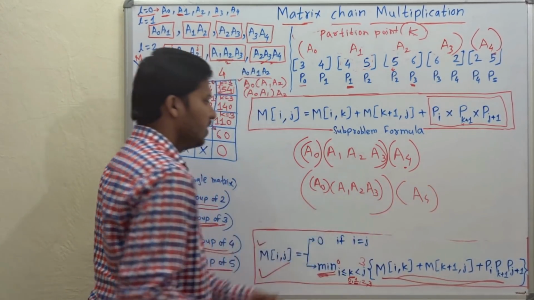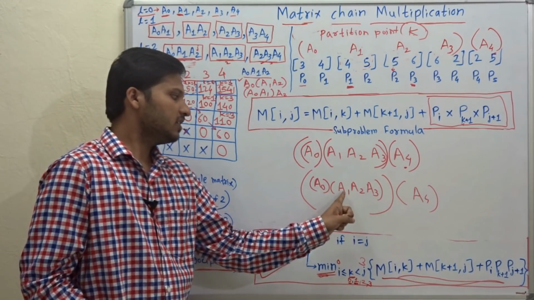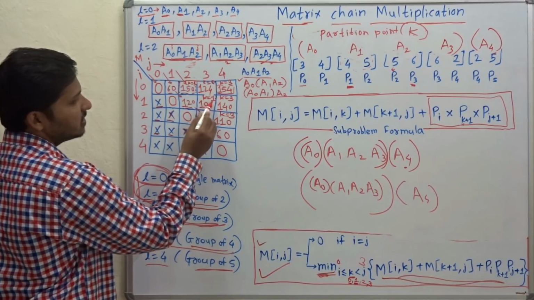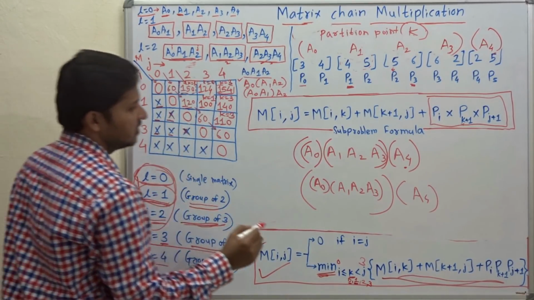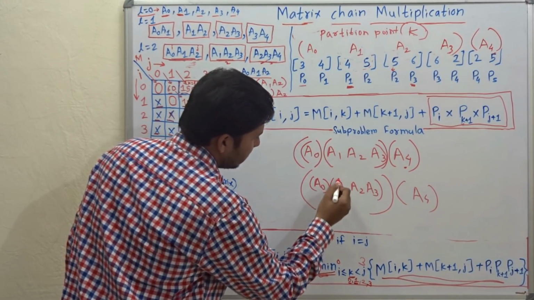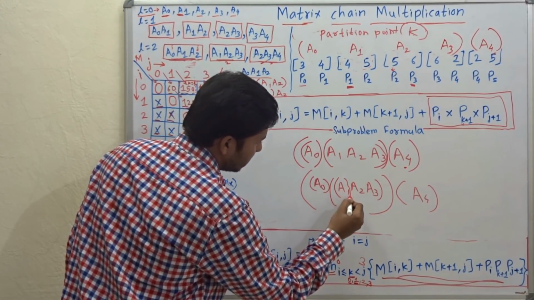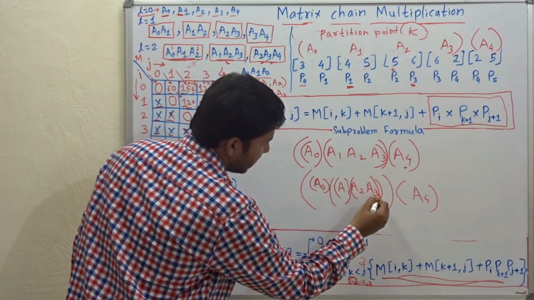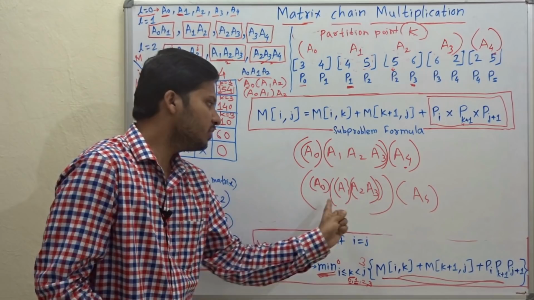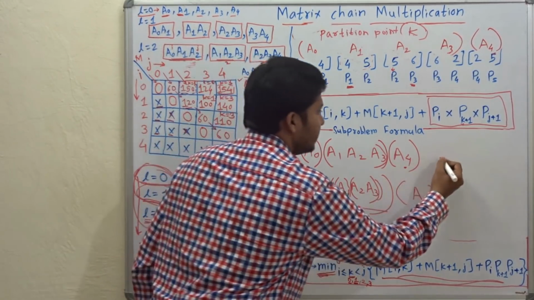Now inside, check. There can be a partition in A1 to A3. So 1 to 3, what is the partition? K equal to 1 is the partition. That means A1 is one partition and A2, A3 is another partition. Right? Now there cannot be a further partition. So I will write it here.